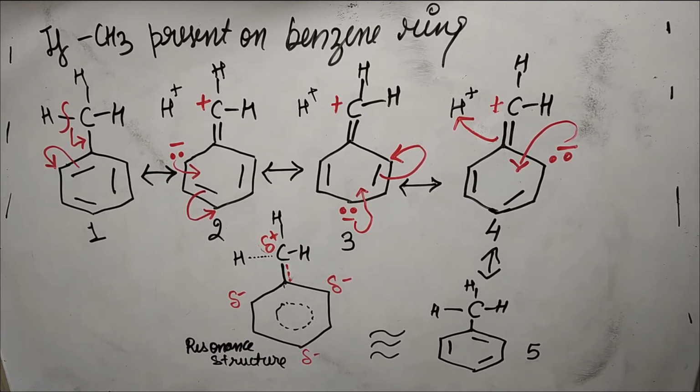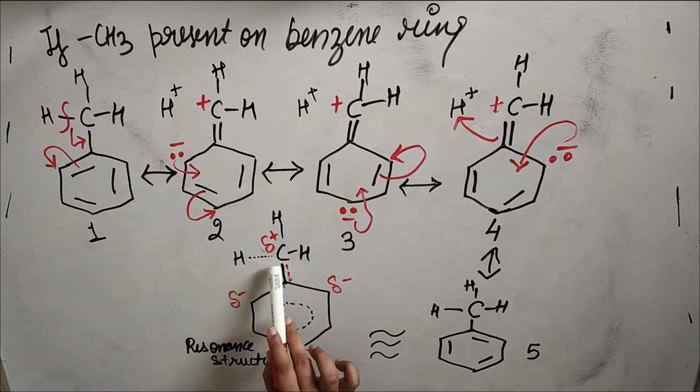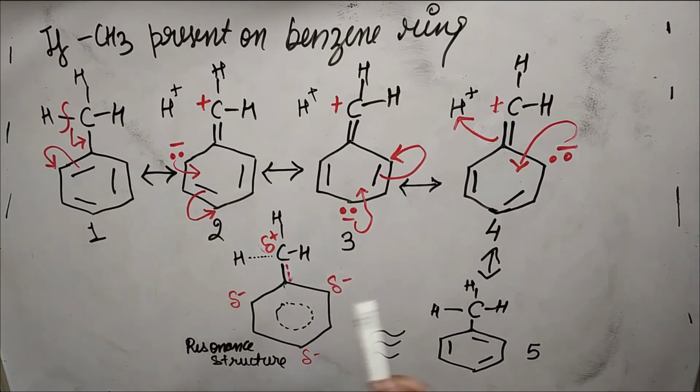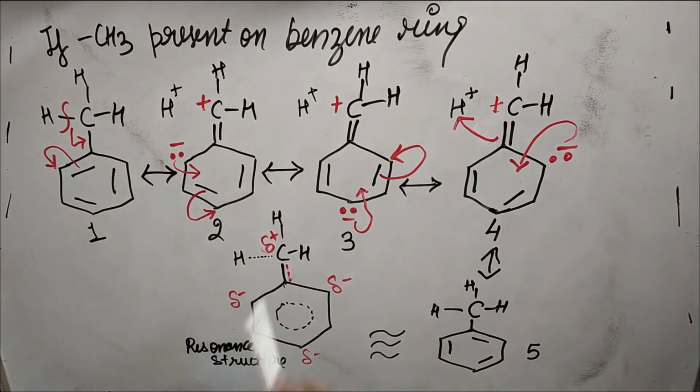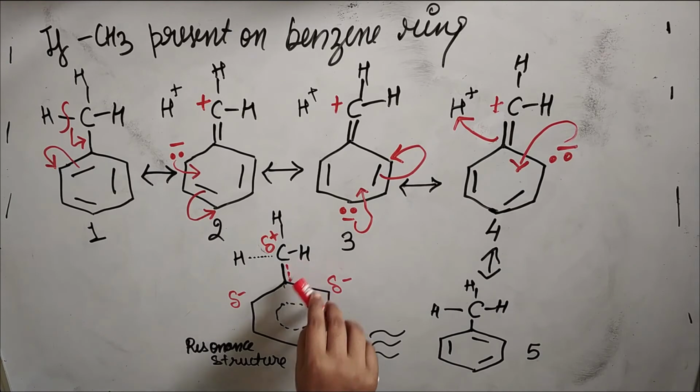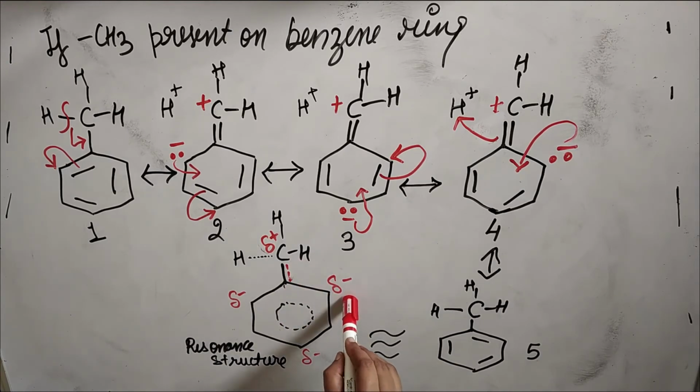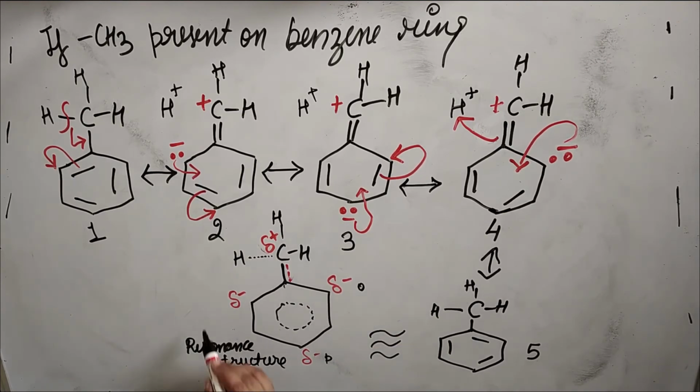If we combine all these structures, this resonance structure will form where this carbon will acquire a partial positive charge, because here you can see structures 2, 3, 4 have the positive charge, here a partial double bond, and the negative charges are present at the ortho and para positions. So this is the ortho position, this is the para position, where the partial negative charges appear.